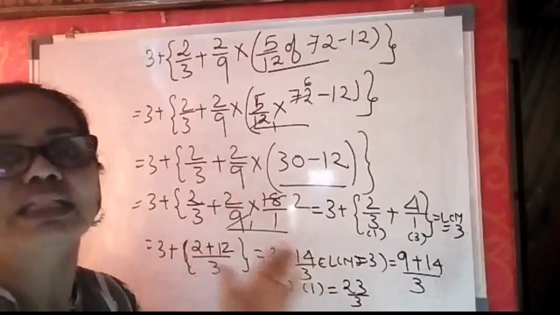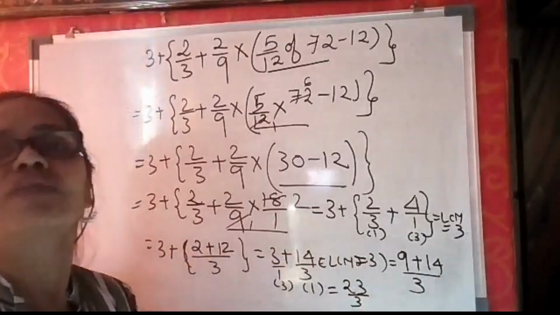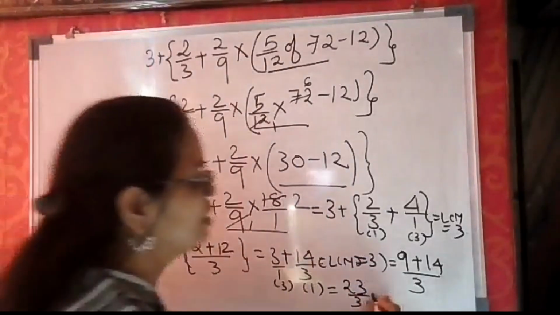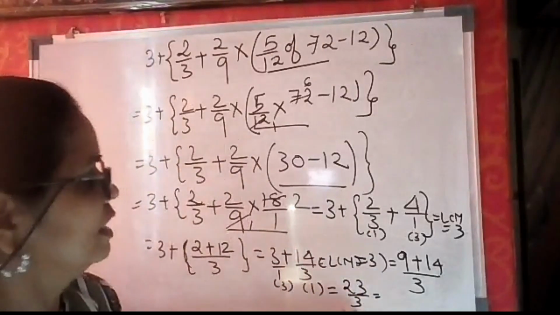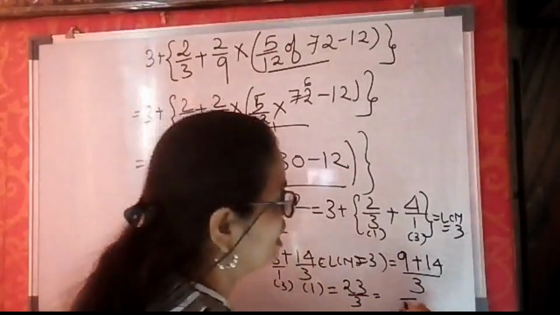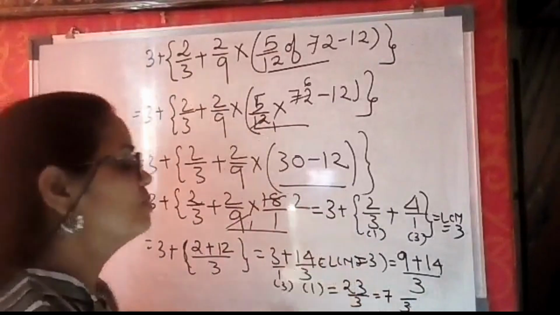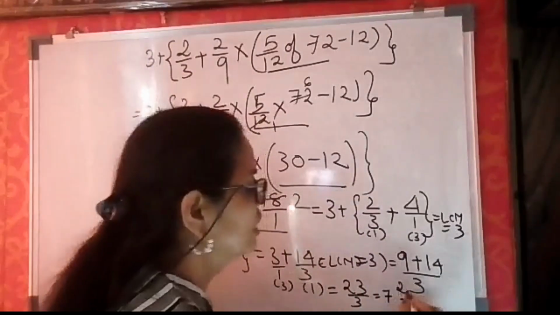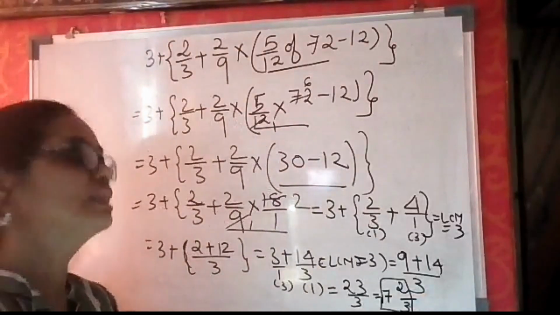So we have to bring this into a mixed fraction because it is an improper fraction. 23 upon 3 is improper. When you divide 23 by 3, 3 7s are 21, and 3 8s are 24, which is bigger. So 3 7s are 21 and plus 2, so your answer is 7 integer 2 upon 3.